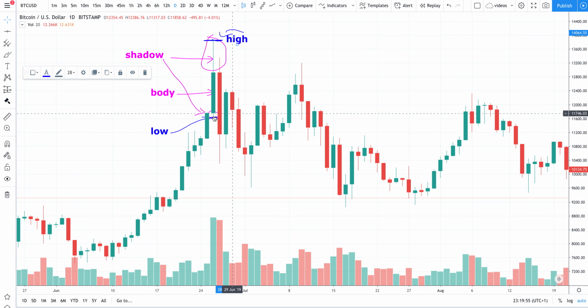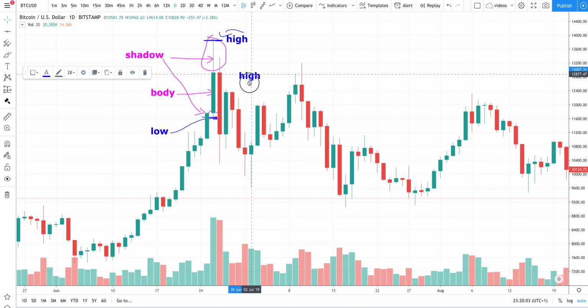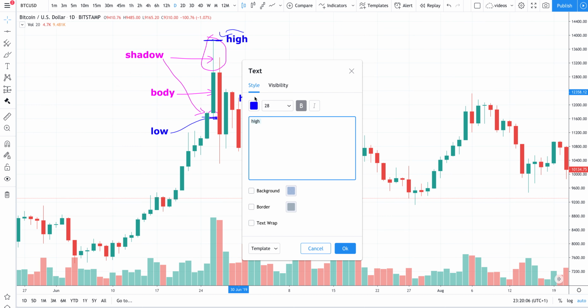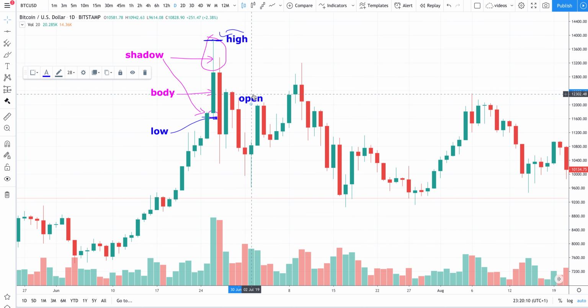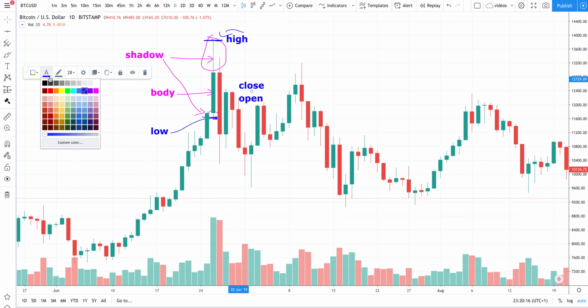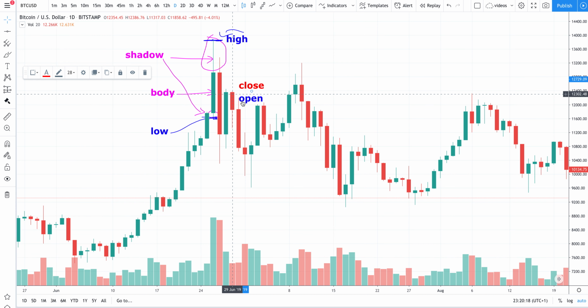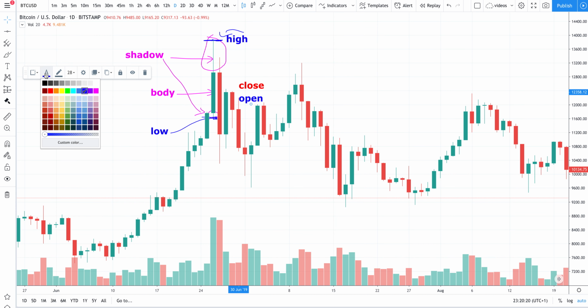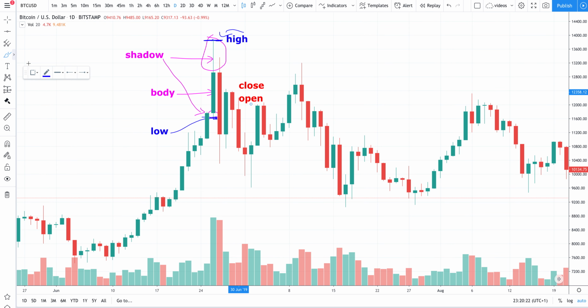Okay. So, very simple. Each candle has always these 4 elements. The open price, the close price, let's use the red.